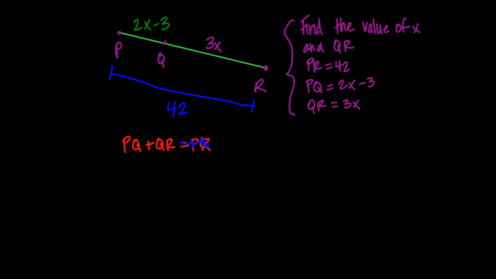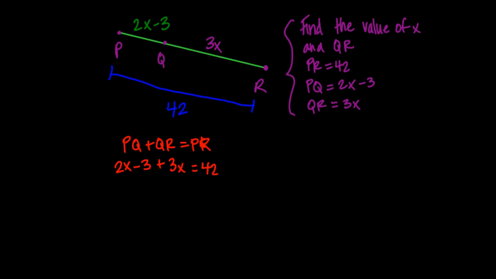In other words, the distance of this little segment plus the distance of this little segment equals the entire segment. All right, so let's plug in what we know. PQ is 2x minus 3, and QR is 3x, and that's equal to this entire length right here, which is 42.